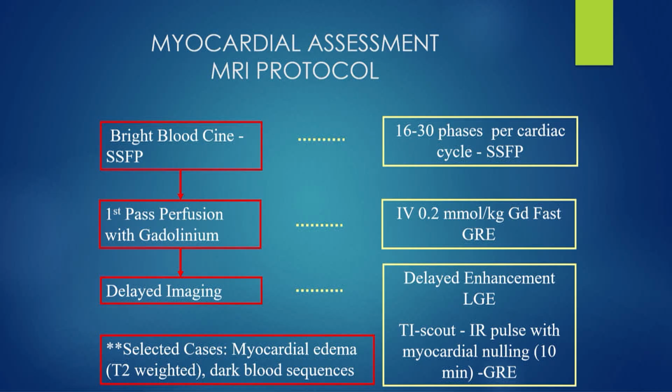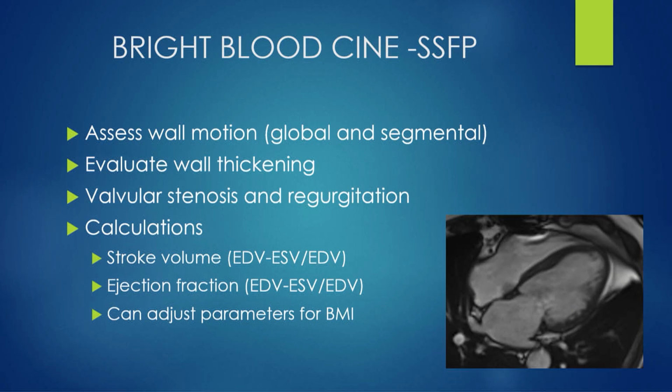Those are the big three. We'll talk about each of these in some more detail. And then for selected cases, you can do T2-weighted edema sequences. You can do dark blood imaging as well. So there's a tremendous amount of versatility, which I mentioned previously, that really few, if any, other techniques are capable of doing.